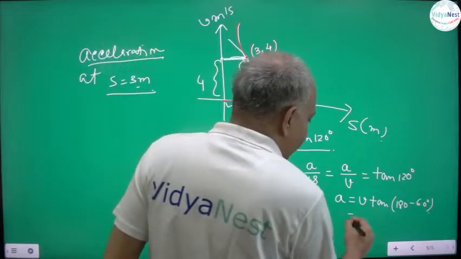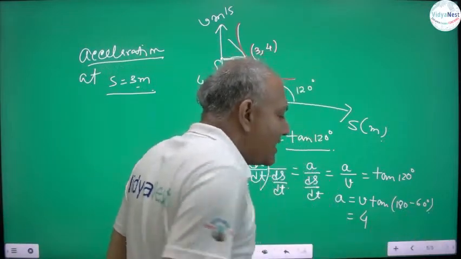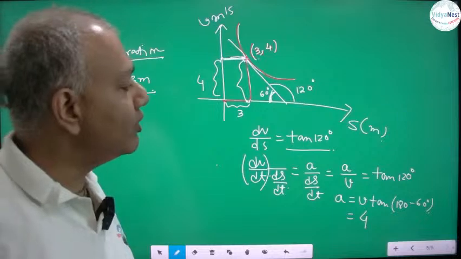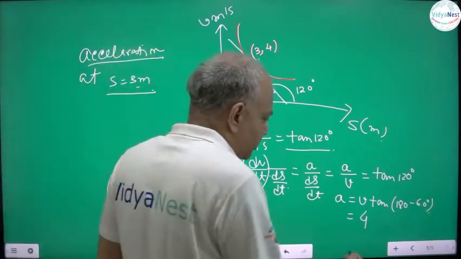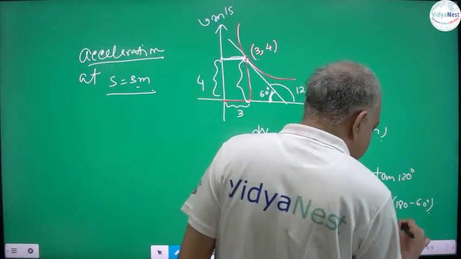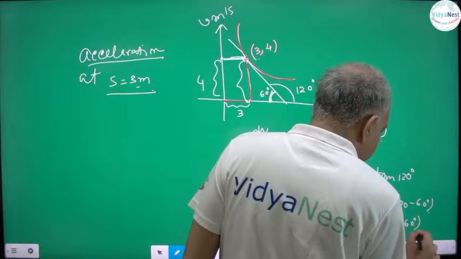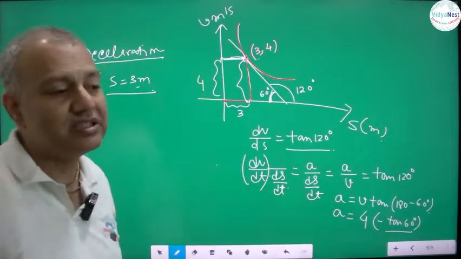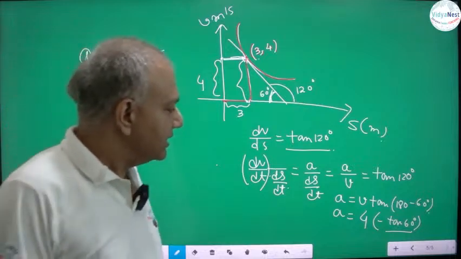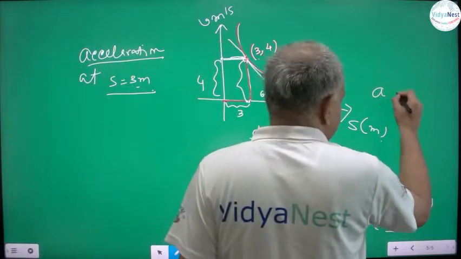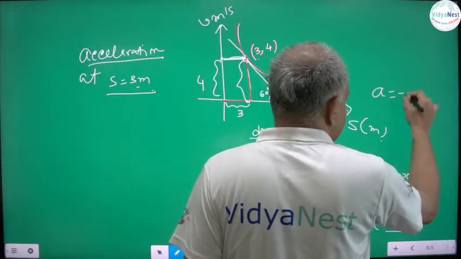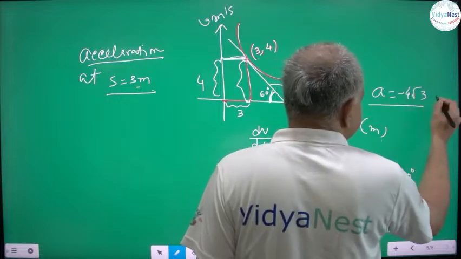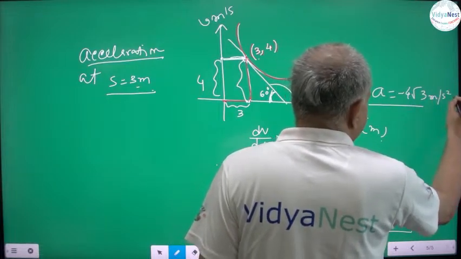So we can write 4 and tan of 180 minus 60, which means minus tan 60, just simple trigonometry. So acceleration is equal to minus 4 into tan 60. What is tan 60? Root 3. In this situation, we can write minus 4 root 3 meter per second square.